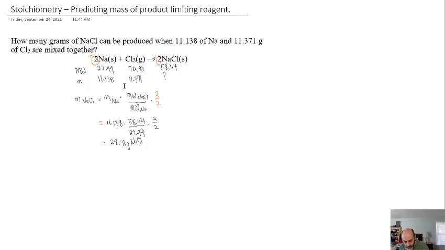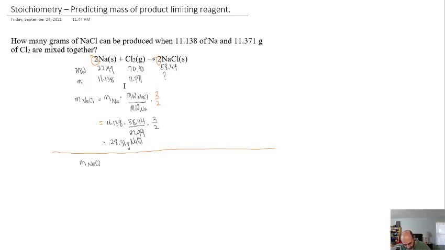Now we're going to do the same exact thing for chlorine, as if chlorine is the limiting reagent. We'll draw a little line there to differentiate the process. The equation is going to look just like the other one, except everywhere we had sodium, we're going to replace it with the information about Cl2.